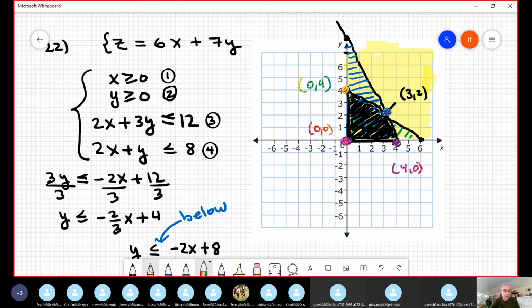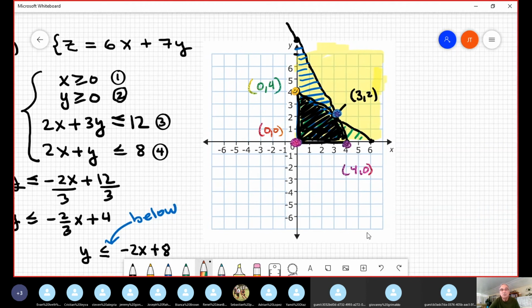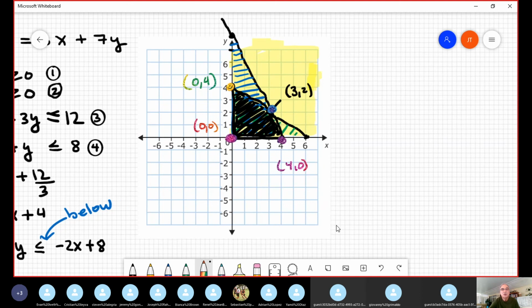And the rest is just evaluate. In each corner, because it's a quadrilateral, not a pentagon, a four-sided figure, evaluate the objective function. Let me copy the objective function again. The objective function is C equals 6x plus 7y. You evaluate at (0, 0).